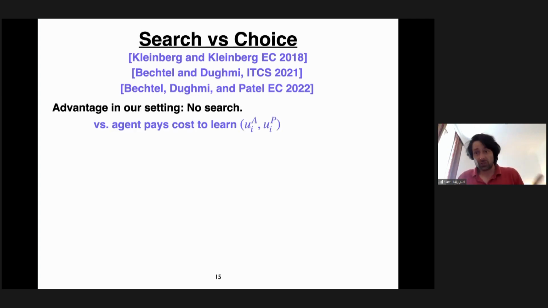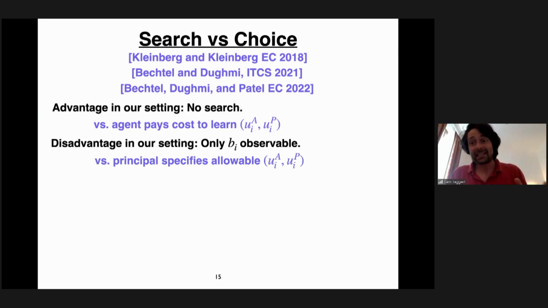Well, as Shaddin showed you, he thinks about a model where the information isn't necessarily known to the agent. They may have to solve a search problem like a Pandora's box problem to obtain the information before they make their choices from the principal's menu. We're not assuming that. The agent observes all of the values perfectly every time. So really, we're trying to just capture the problem of choice and not of search.